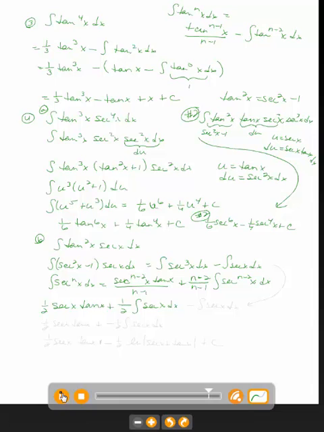Is that right? And then I still had that minus integral of secant of x that came from right there. Putting those two integrals together, I have a positive 1/2 and a negative 1, so I get negative 1/2, the integral of the secant of x dx. And so I have 1/2 secant of x tangent of x, not plus, minus 1/2, and the integral of the secant is the natural log of the secant of x plus the tangent of x, and then plus your c.